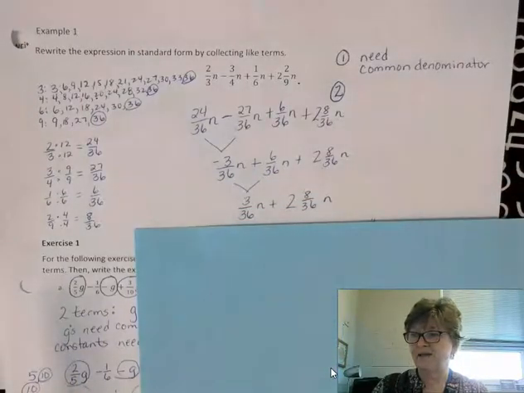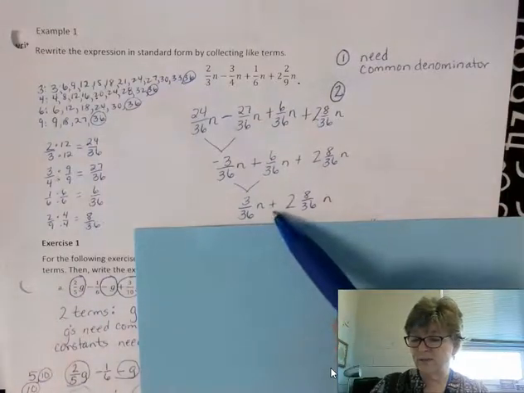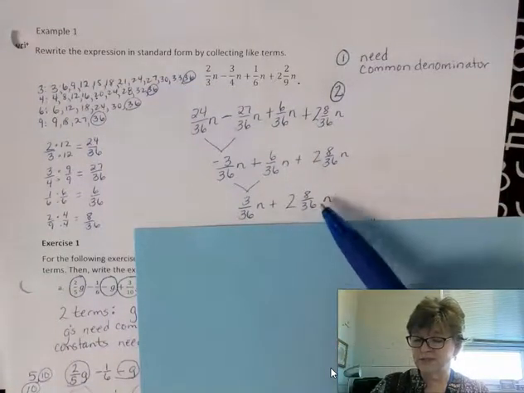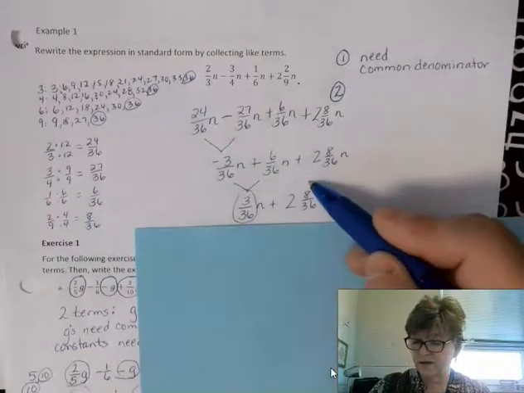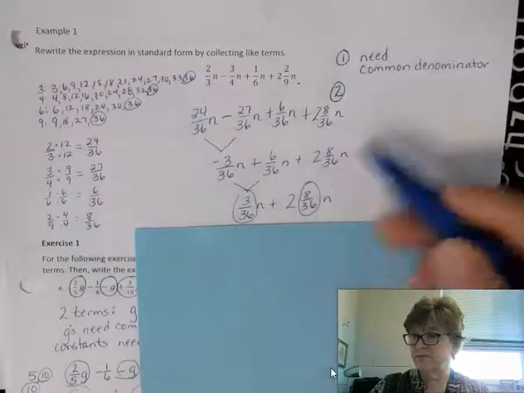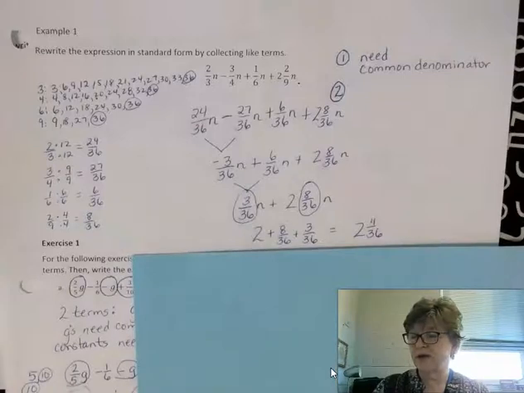And now I'm adding that, 3/36 n plus 2 and 8/36. So I'm going to be combining my fractions. We end up with a final result of 2 and 11/36.